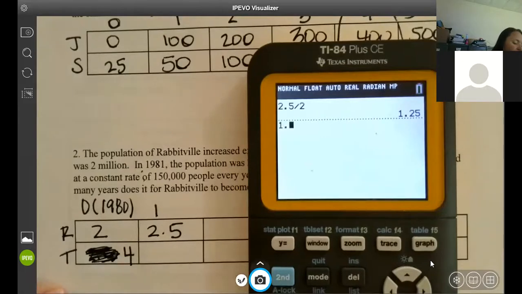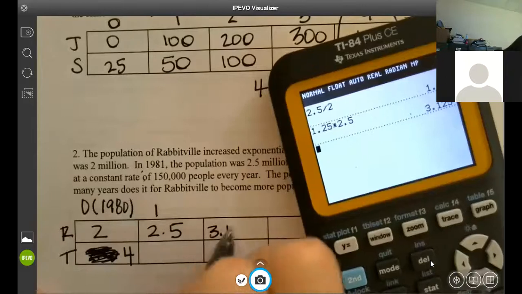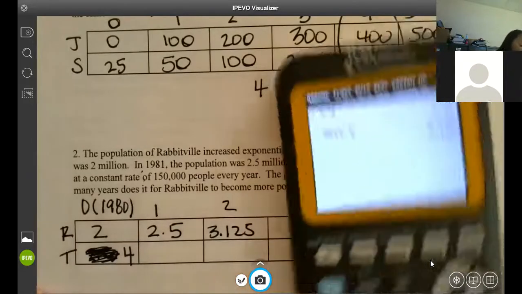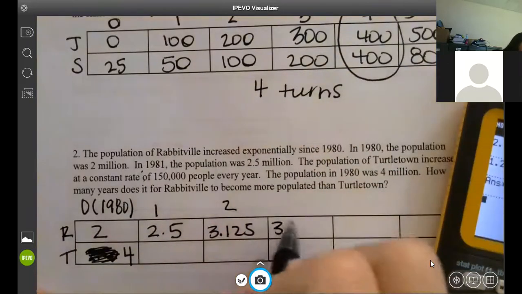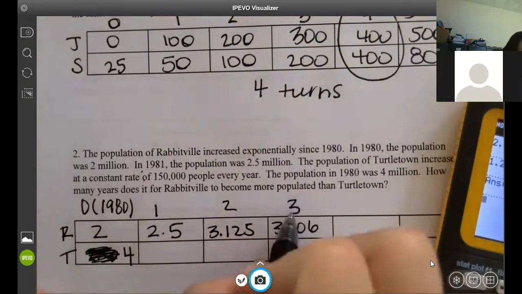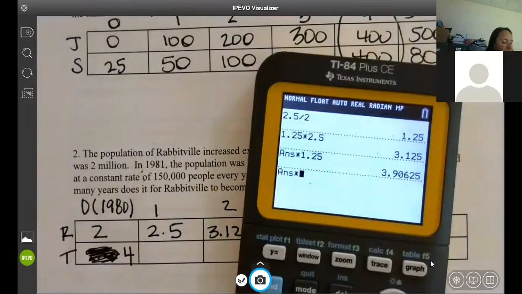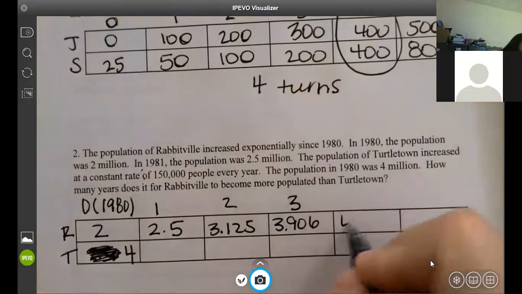So 1.25 times 2.5 gives you 3.125. Times 1.25 gives you 3.906. Times 1.25 gives you 4.88. I'm going to stop there.